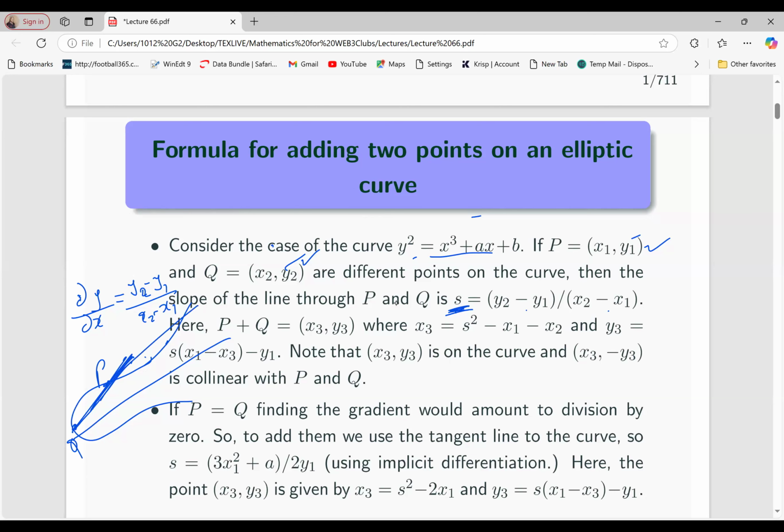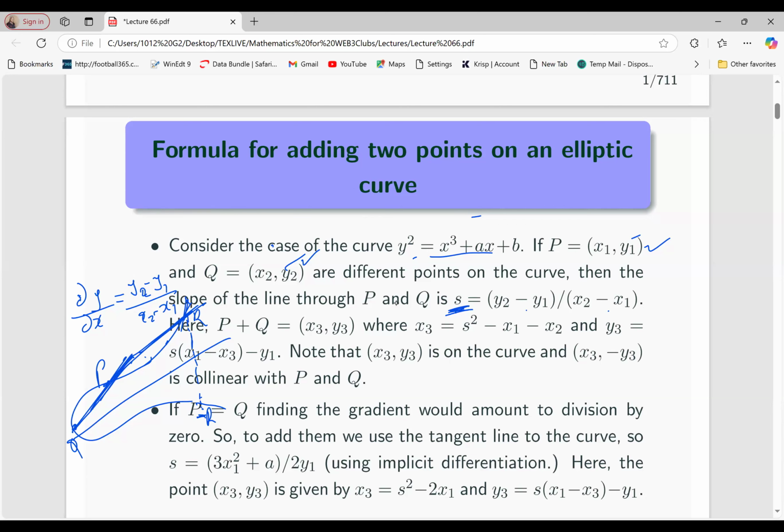Then it cuts the curve at another point. Then we reflect this point through the x-axis to get the inverse of r. This is our r. So that's what we want to do.